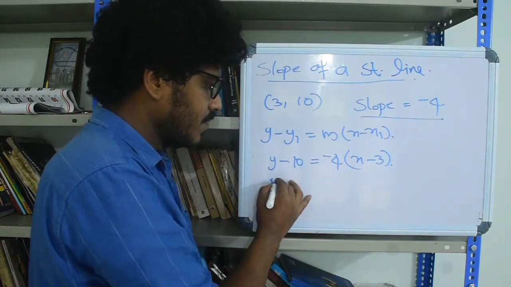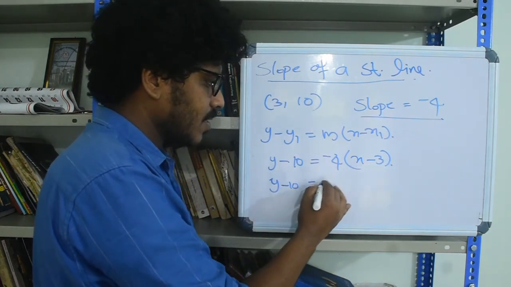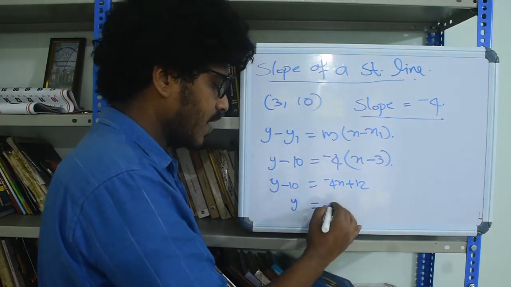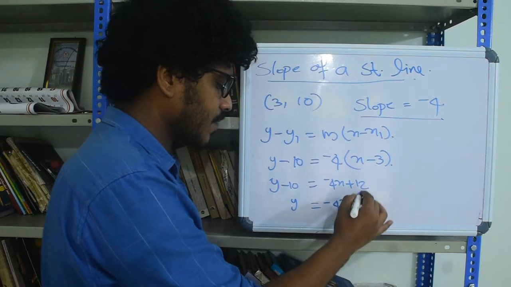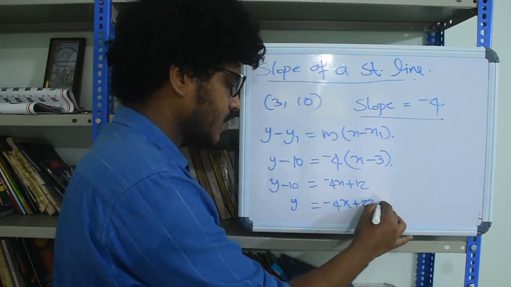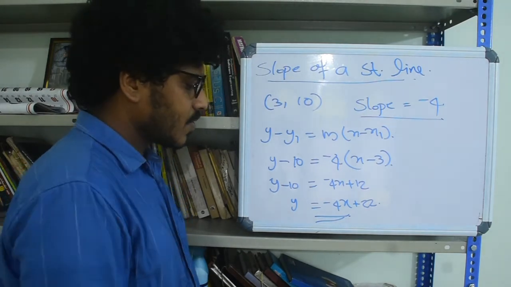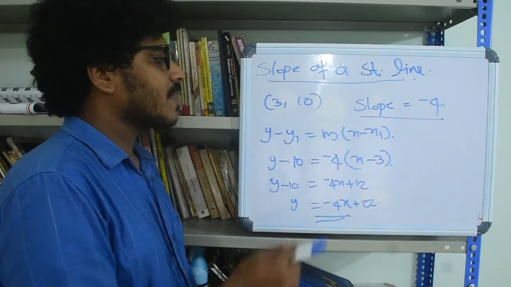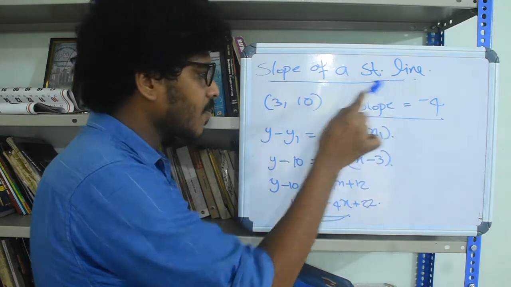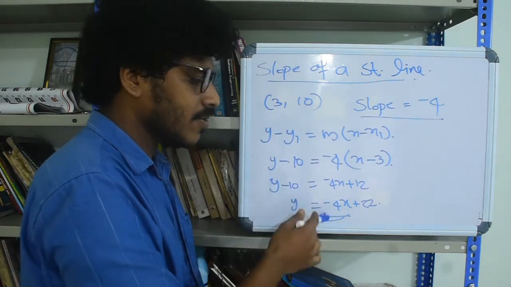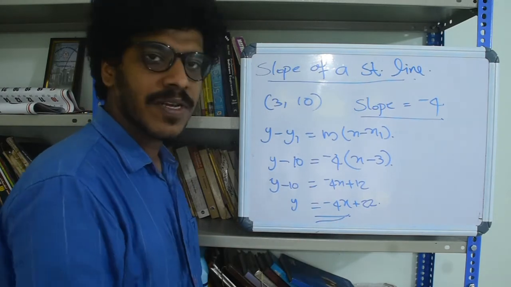Simplifying this, we get y minus 10 equals -4x plus 12, which implies y equals -4x plus 22. So this is the equation for the line with slope -4 and passing through (3, 10). The equation is y equals -4x plus 22.